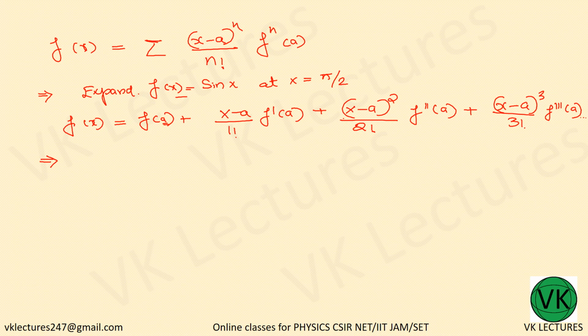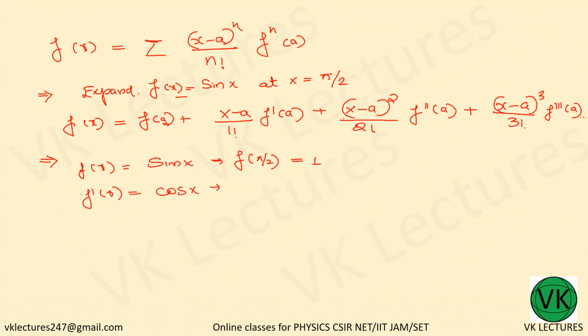at x equal to pi by 2. Now f of x, what is the function? f of x is equal to sin x. So this is the function. Now what is f of pi by 2? f of pi by 2 is sin pi by 2, that is 1. Now next one is the first derivative of f of x, that is f dash of x is equal to the derivative of sin x, cos x.